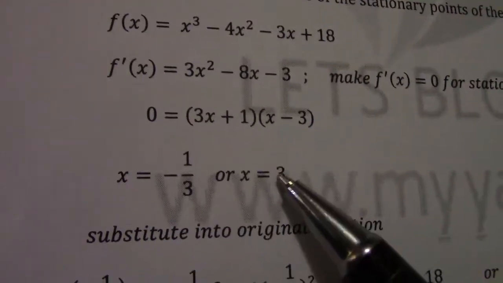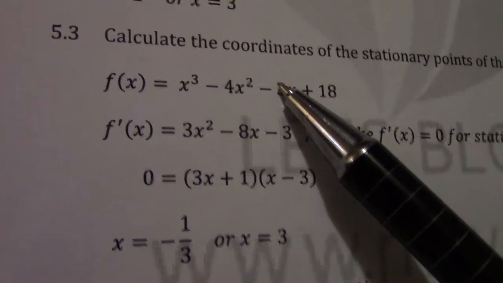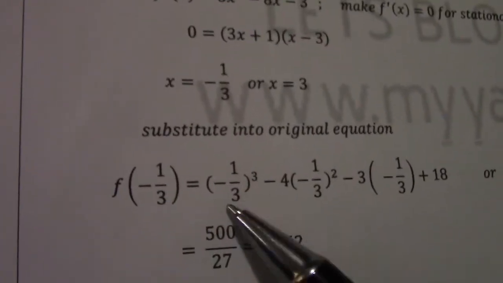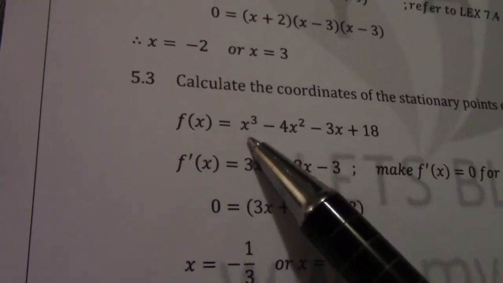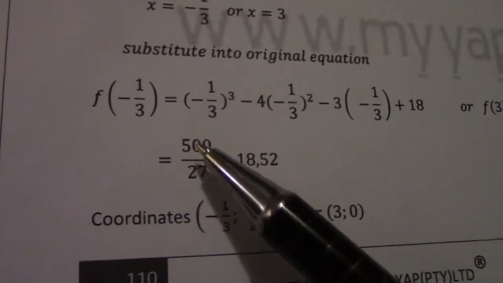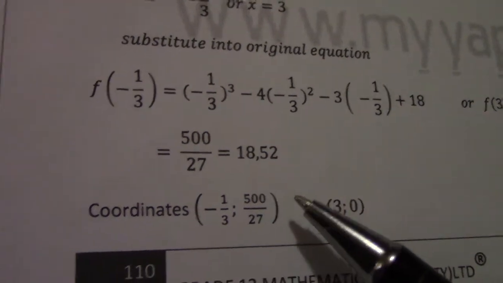These points must be substituted back into the original equation to get the y values of my turning points. First I substitute minus 1 over 3 wherever x appears: minus 1 over 3 cubed, minus 1 over 3 squared, 3 times minus 1 over 3. If I simplify, that gives me 500 over 27, or 18.52.